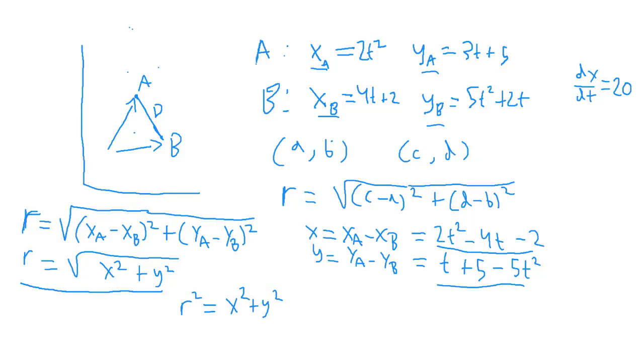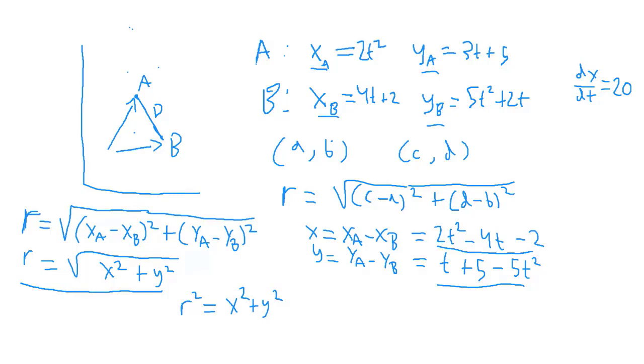I think in this case, doing r squared might just lead to a little bit more work, because when we take our derivative we'll have 2r, and then we have to calculate r as well, which isn't impossible, but let's leave it as is. So we have all our pieces to the puzzle, now we have to put them together.